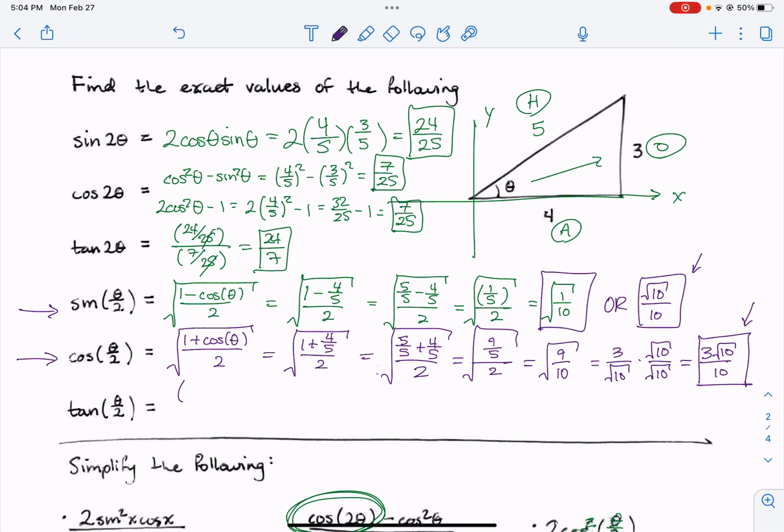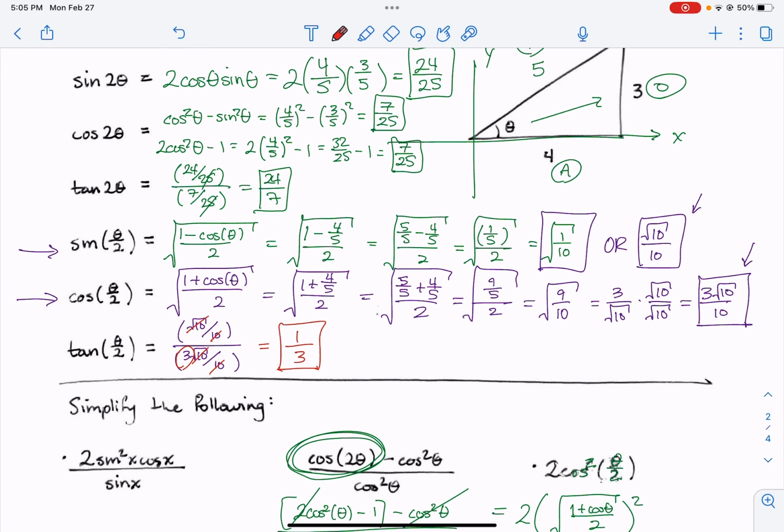Sine was radical 10 over 10, and we're dividing this by 3 root 10 over 10. And a lot of stuff is going to cancel. It looks like these 10s cancel out, and these square roots of 10 cancel out. The only thing we have left is this 3 on the bottom. So this just turns into 1/3. Wow, that's interesting. Or maybe it's not interesting. I actually don't know. But it's interesting to me.